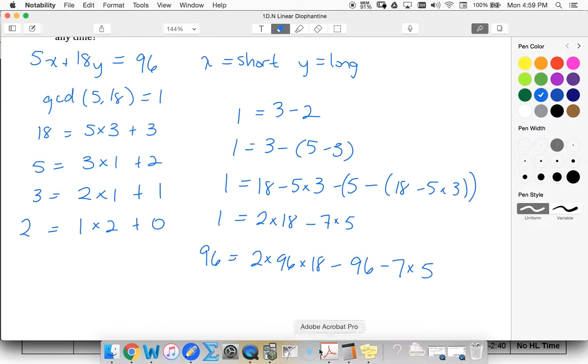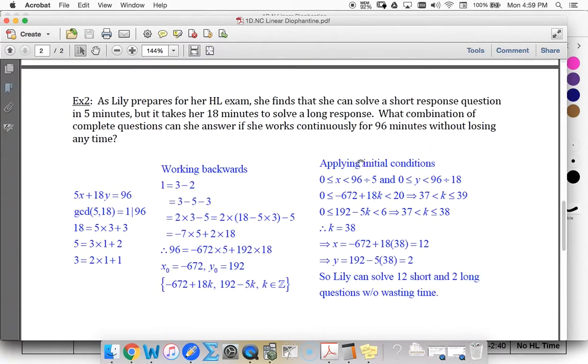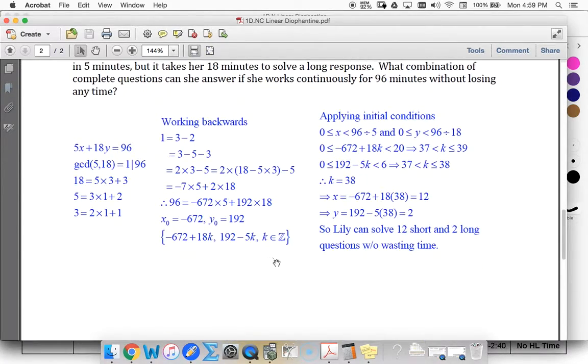So let me see what I did over here. Okay, that is what I did. Excellent, so I'm glad to see that I was on the right track. But now we want to go into our initial conditions.